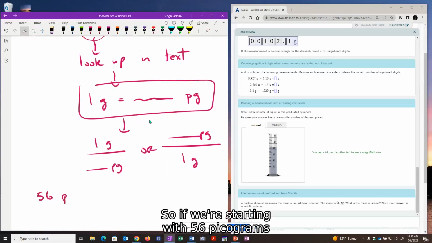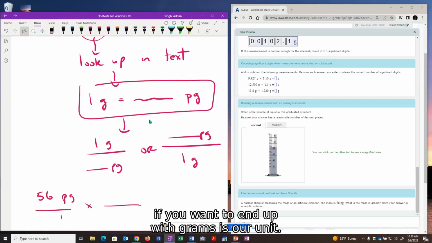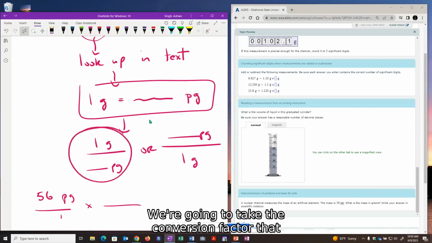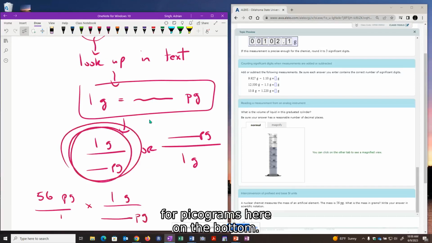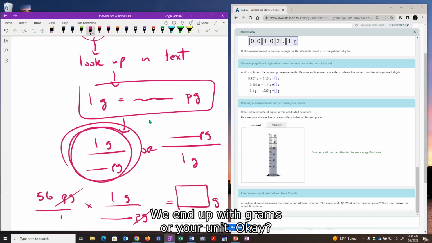So if we're starting with 56 picograms, you put that over 1. If we want to end up with grams as our unit, we're going to take the conversion factor that has grams on the top, and then whatever you find for picograms on the bottom, because you want the pg to cancel out. We end up with grams as your unit.